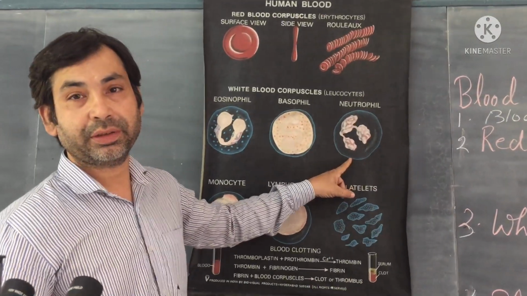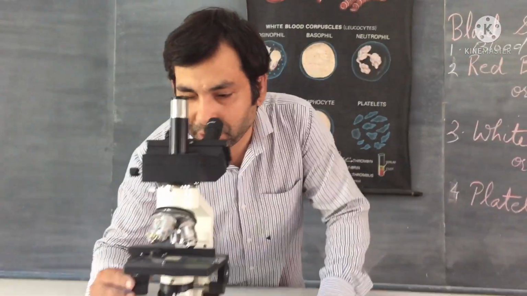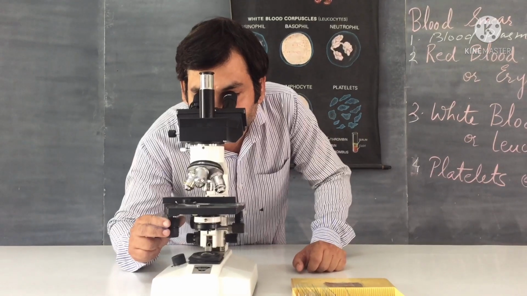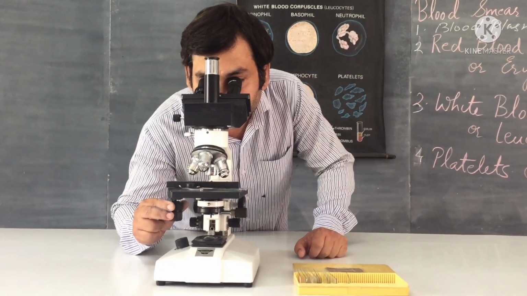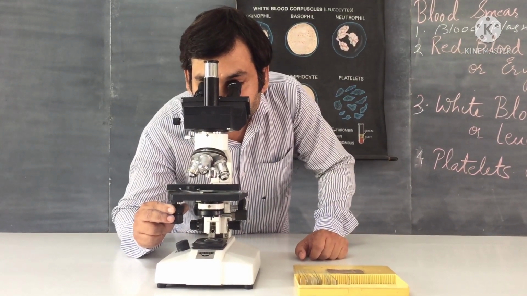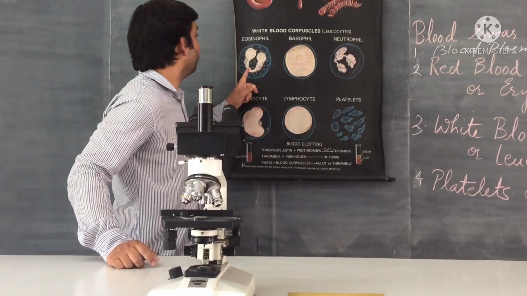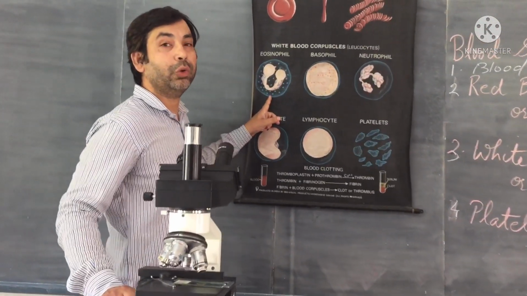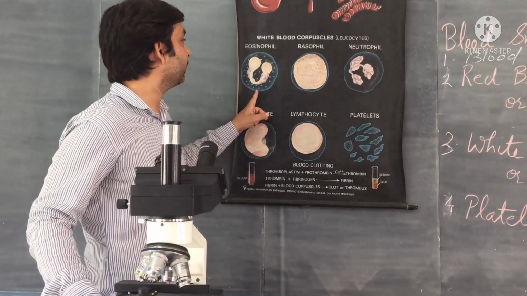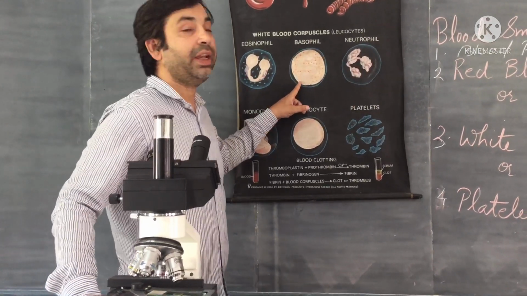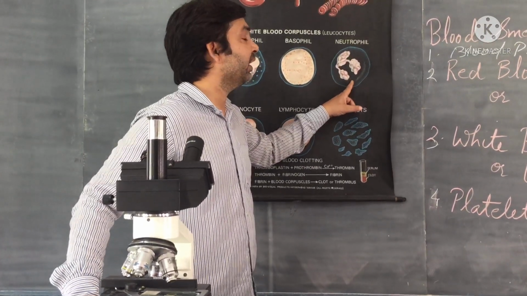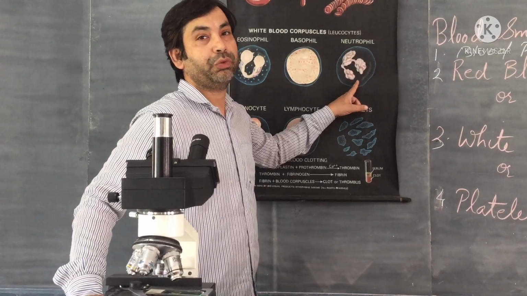When you examine the blood with the help of a microscope, you will find that eosinophil has a bilobed nucleus, basophil has a trilobed nucleus, and neutrophil has a multilobed nucleus.